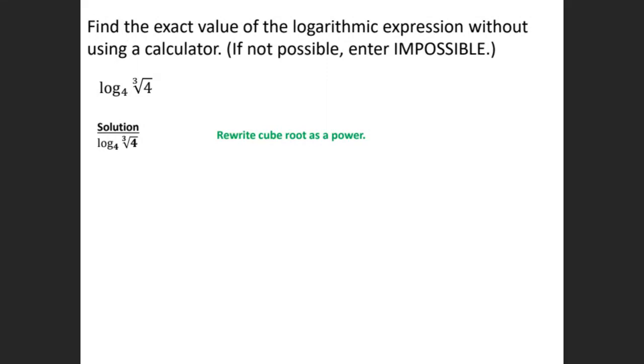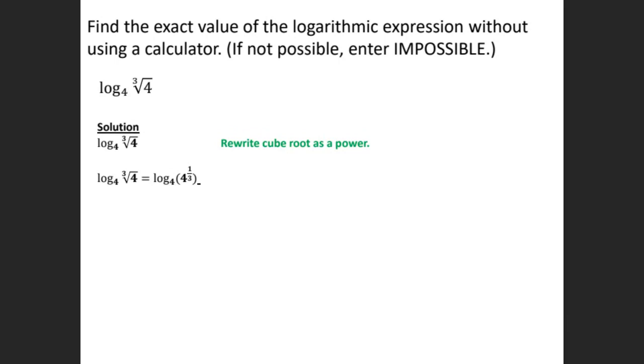All right, how about this one? Find the exact value of the logarithmic expression without using a calculator. Easy stuff, okay? So one way to do it is, first, let's convert the input into an exponential value. We have a cube root. I can write that cube root as 4 to the 1/3.